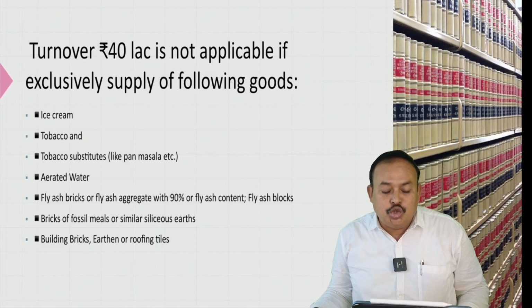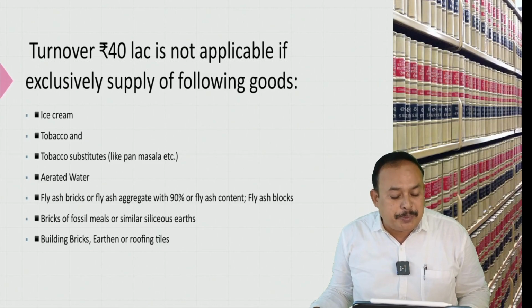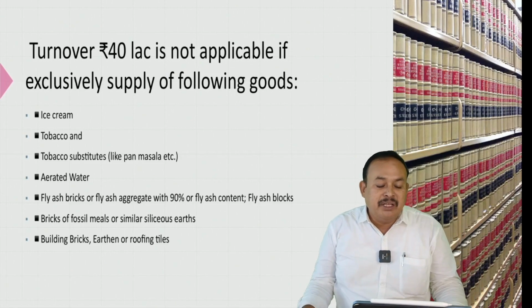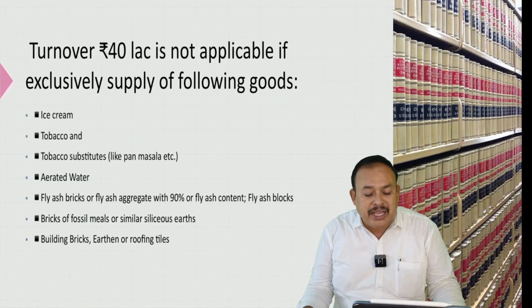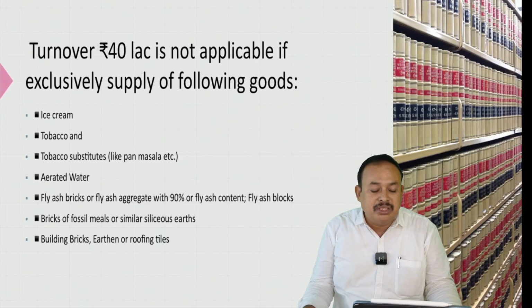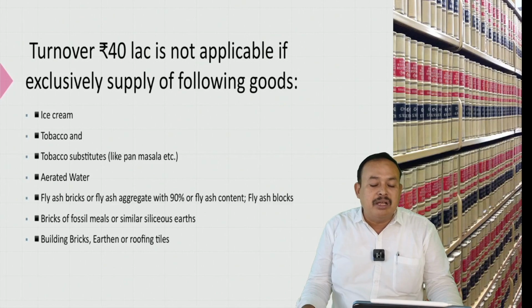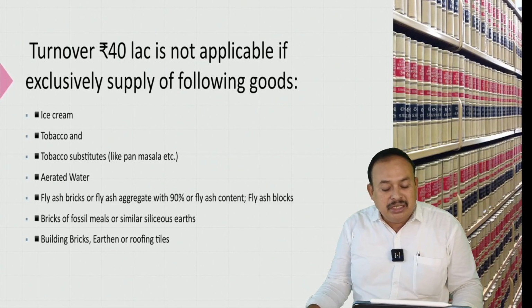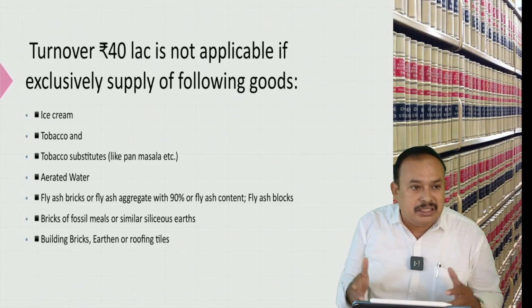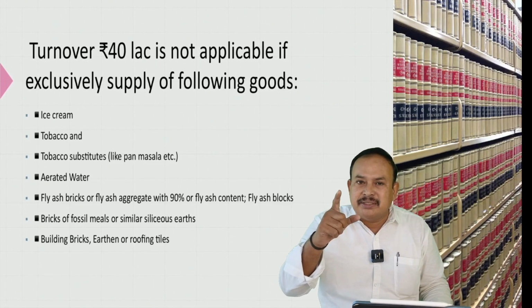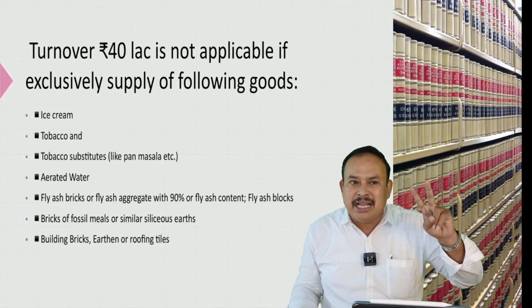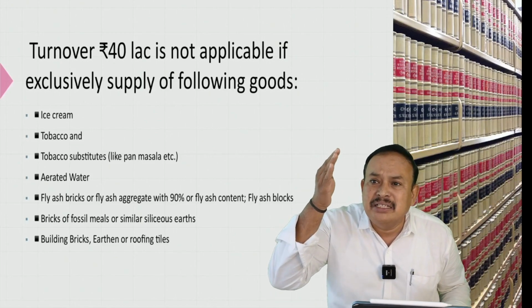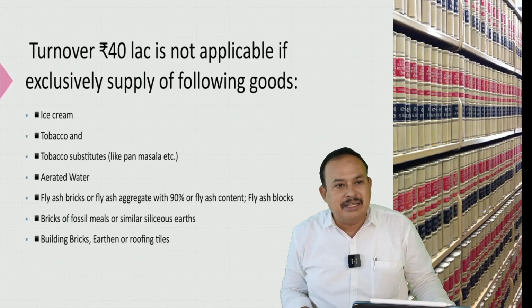Ice cream, tobacco and tobacco substitutes like pan masala etc., aerated water, fly ash bricks and fly ash aggregate with 90% or more fly ash content, fly ash blocks, bricks of fossil meal or similar siliceous earth, building bricks or roofing tiles. If you are dealing with these, you are no longer eligible for 40 lakhs. Your limit remains 20 lakhs. If you are in the MMNT, it remains 10 lakhs. Is it clear, my dear friends?